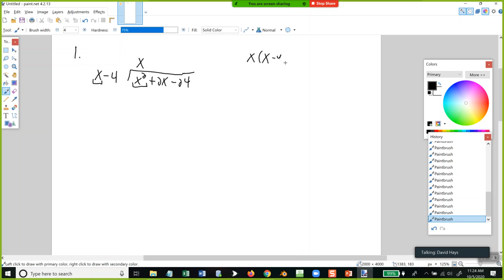So x times x minus 4, distributive property. X times x is x squared. X times negative 4 is negative 4x. Then we're going to subtract this line, which means we'll flip signs. This positive x squared becomes a negative. This negative 4x becomes a positive.